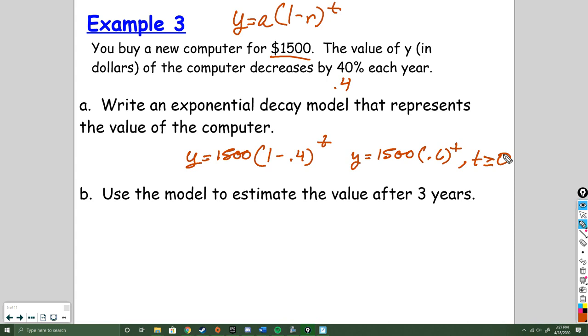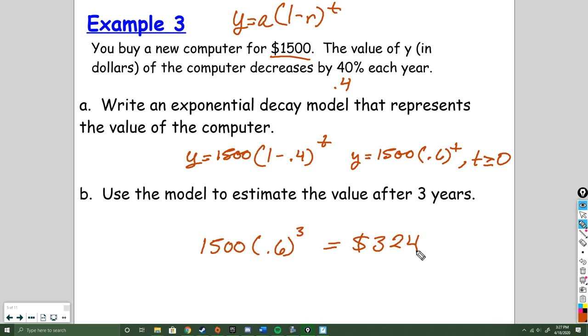If we want to use the model to estimate the value after 3 years, we're just going to plug 3 in. So that'd be 1500 times 0.6 to the third power. Hopefully you know your calculator best. Let's type this in, and we get about $324.